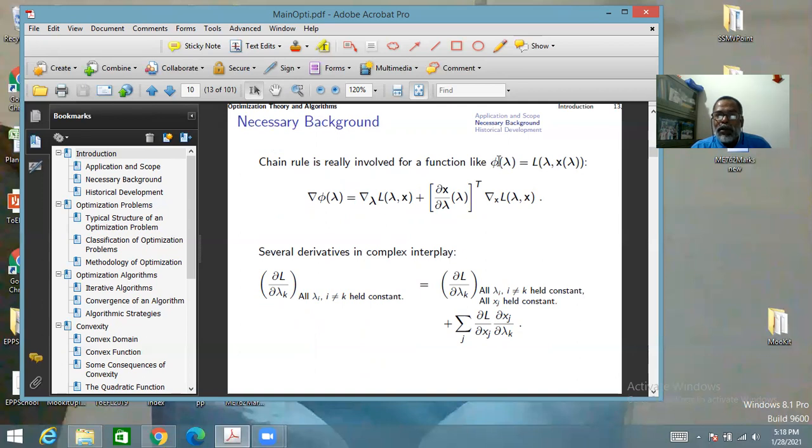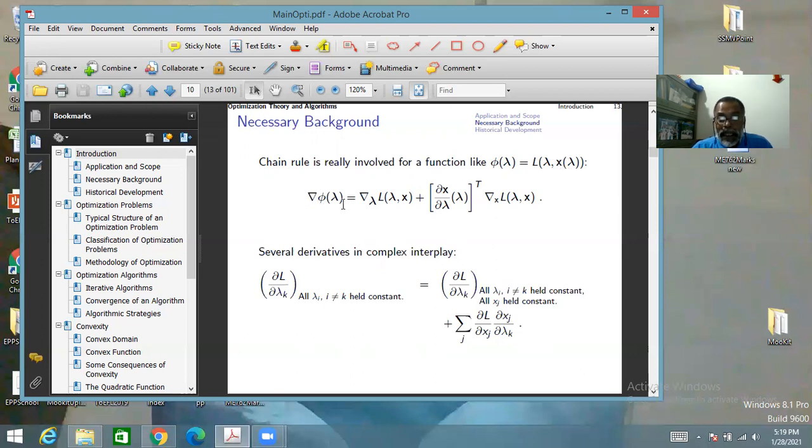So when you try to find the gradient of this, you have to take one component from here and one component through this. One component from here directly is this state derivative gradient, and through this will come the straightforward gradient with respect to x, but then it has to be multiplied with this Jacobian, Jacobian transpose actually, because x of lambda is a vector function of a vector variable.